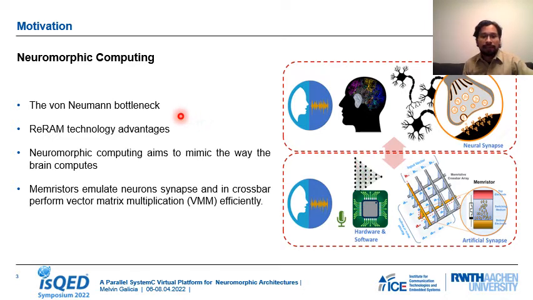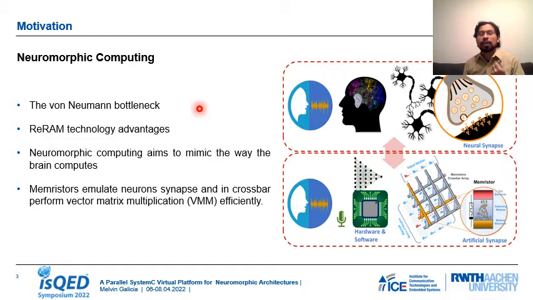Basically, nowadays there is a need to explore new architectures because the von Neumann computational architecture that we've been using the last decade is performing poorly in machine learning applications, where a big data movement between the CPU and the memory is required.